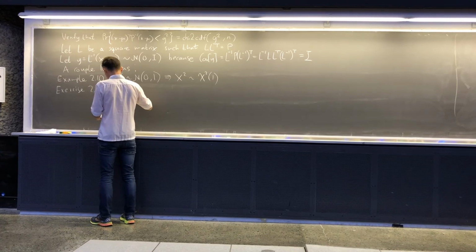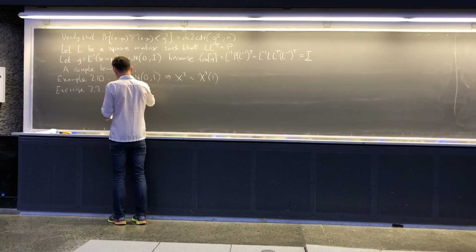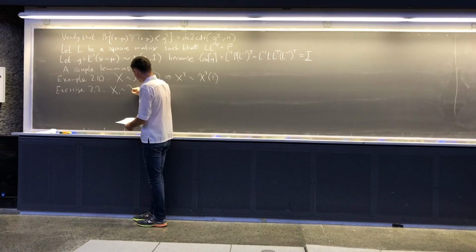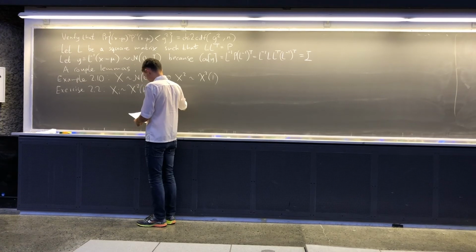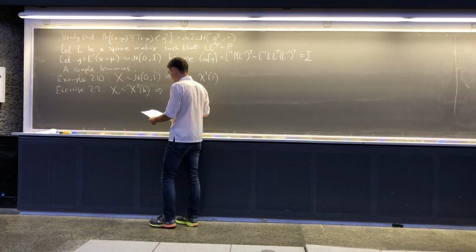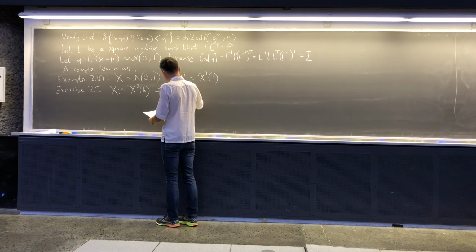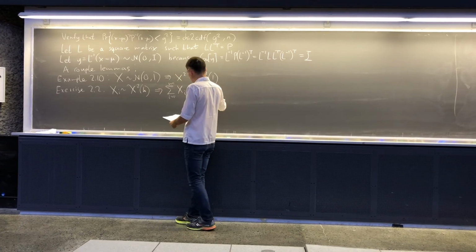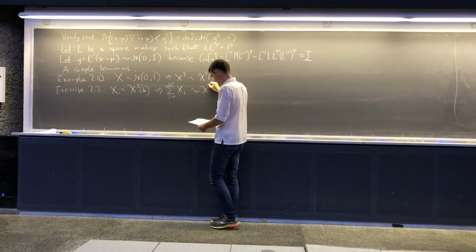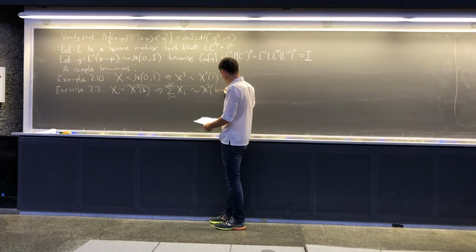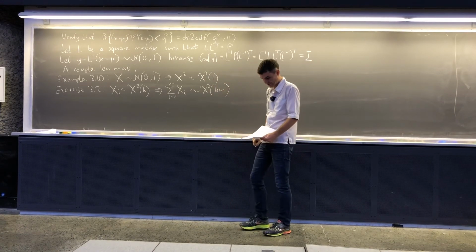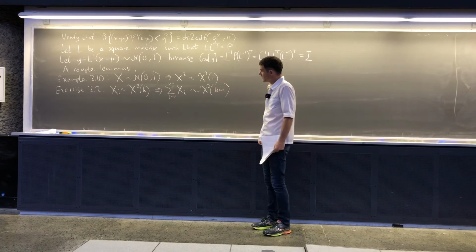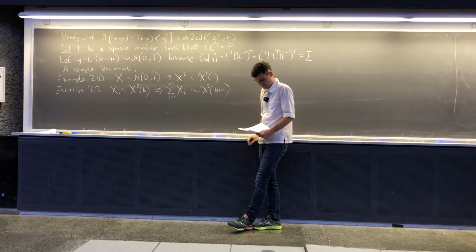So now let's say that xi is distributed according to chi-square with k degrees of freedom, and then I have several IID such xi's, n of them. And that sum should be distributed also chi-square, but with k times n degrees of freedom. So I just multiply to get the degrees of freedom. I'm going to take that for granted.